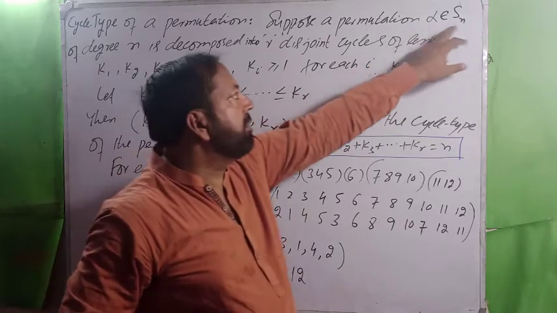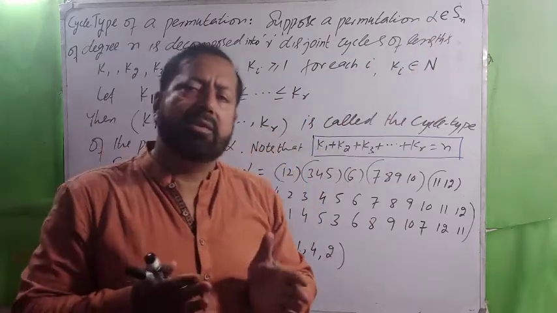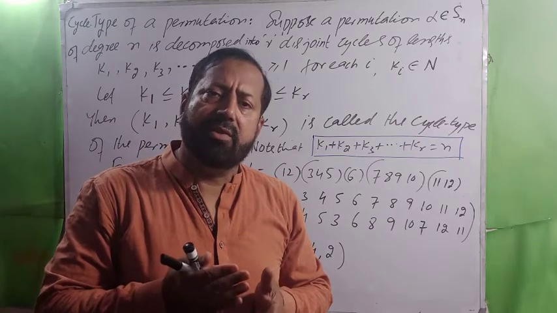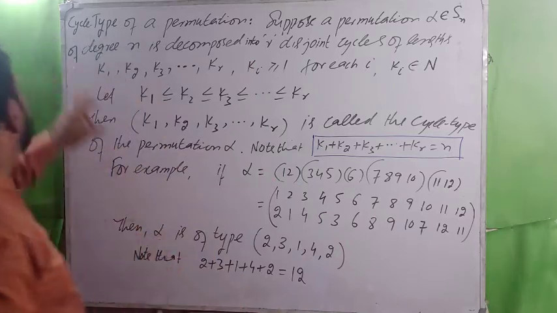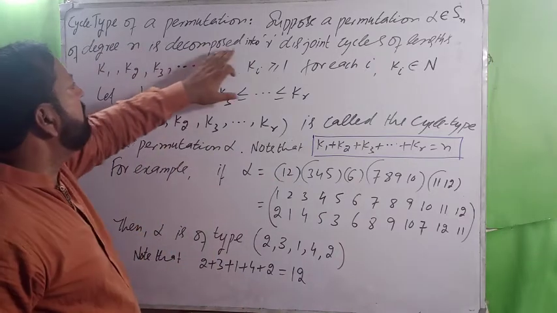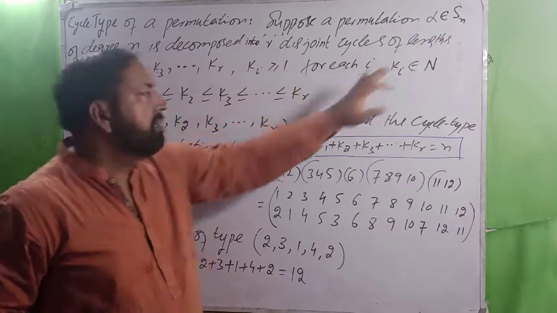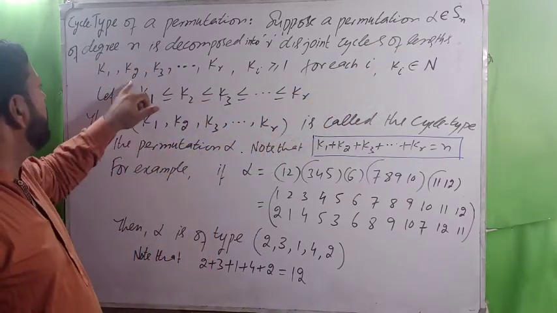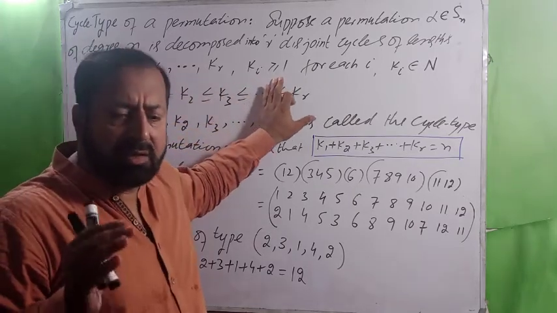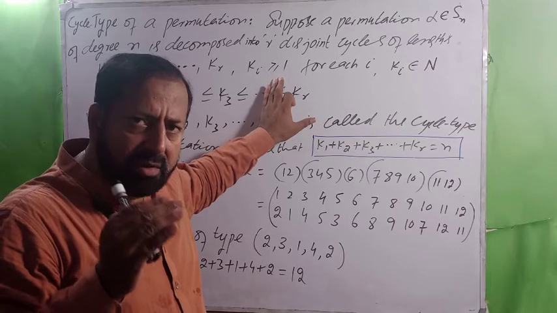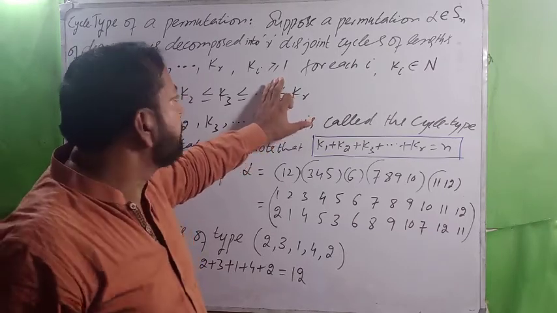Since alpha belongs to Sn, of course, we are finding Sn over a set containing n objects, right, of degree n. It is decomposable into r disjoint cycles of lengths k1, k2, k3, up to kr, where ki are greater than or equal to 1, which means we need to keep in mind cycles of length 1 also, right?